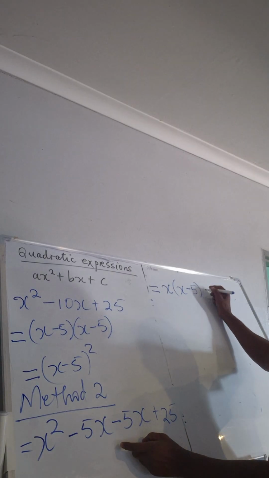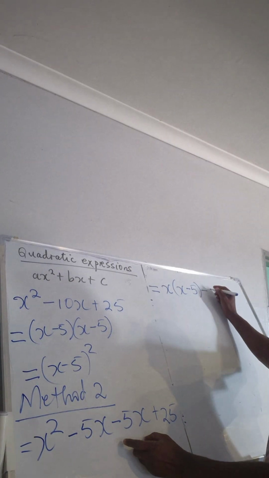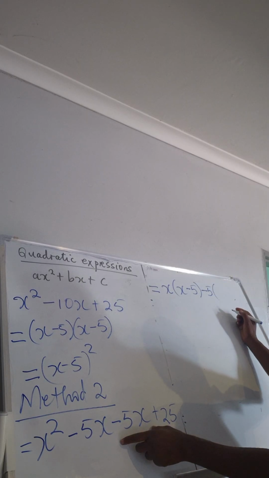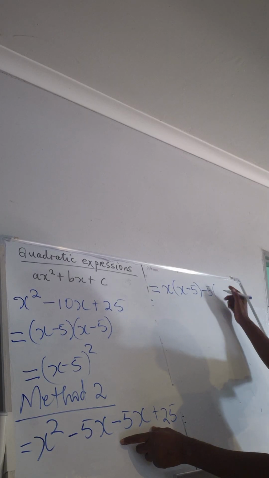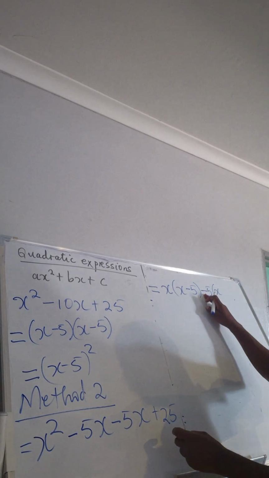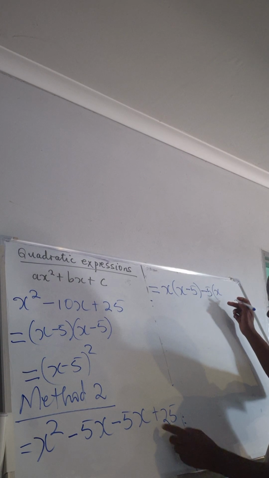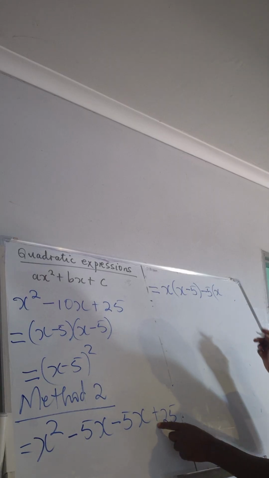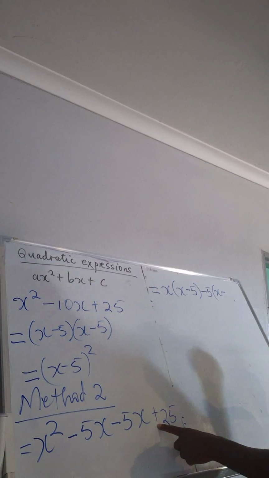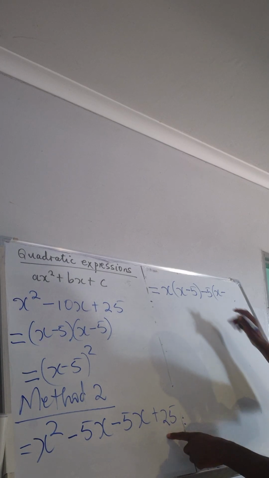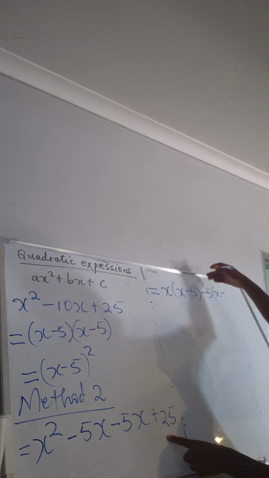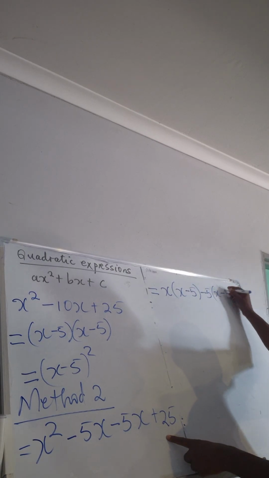There's a minus 5 here. You can also put minus, then our common factor is 5. Then minus 5x divided by minus 5, you get x. Then since we have put a negative here, that means inside the brackets, this plus is going to change sign. It's going to be negative. Then 25 divided by minus 5, you get minus 5.